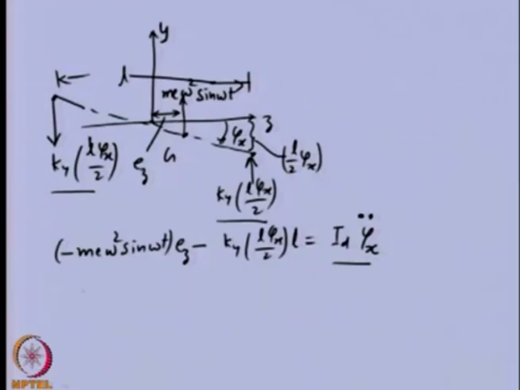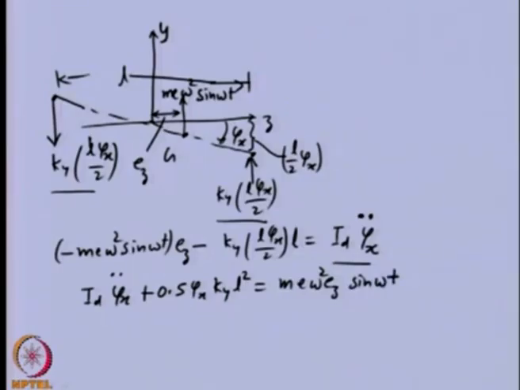This equation we can write as phi double dot x plus, let us say 0.5 phi x k y L square is equal to m e omega square E z sin omega t. So, this particular moment balance we obtain in the y-z plane.